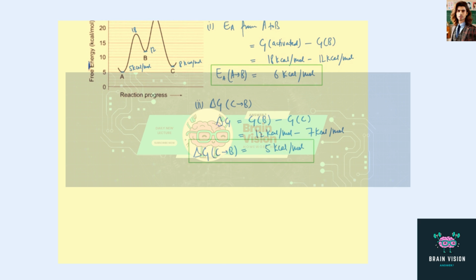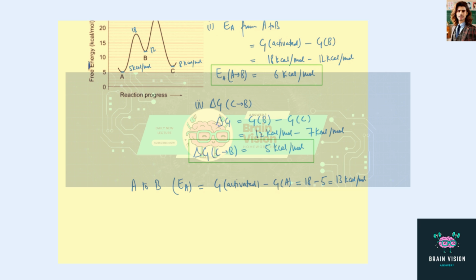Now we have to find which reaction will be faster. For this we have to find the activation energy. So A to B activation energy will be equal to the Gibbs free energy of the activated complex minus Gibbs free energy of the reactant A, and that will be equal to 18 kilocalories minus 5 kilocalories, that will be equal to 13 kilocalories per mole.